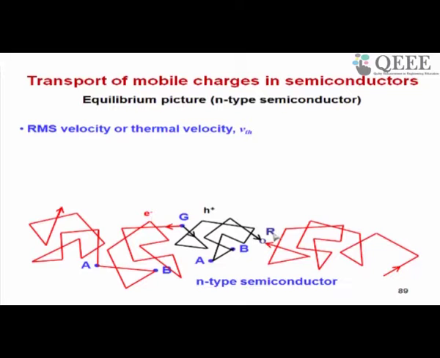Your aircraft is flying at the rate of 1000 kilometers per hour, and this electron at room temperature is moving at 6000 kilometers per minute. You can imagine how fast the electron is moving at room temperature. It is really very high. That is thermal velocity, thermal speed.